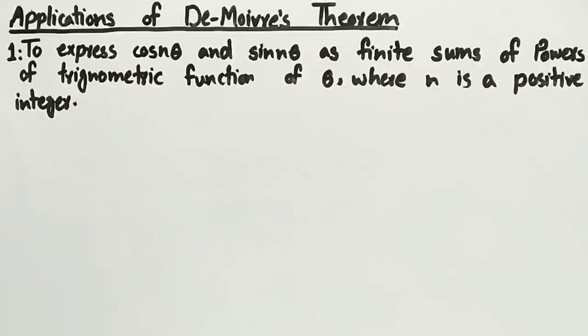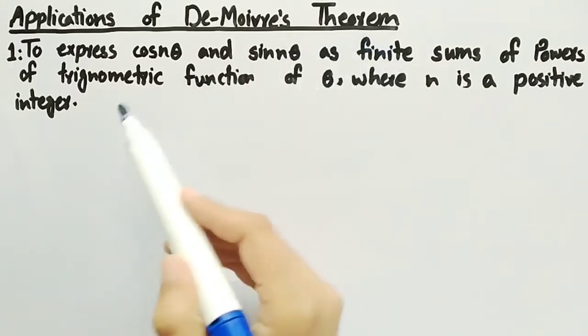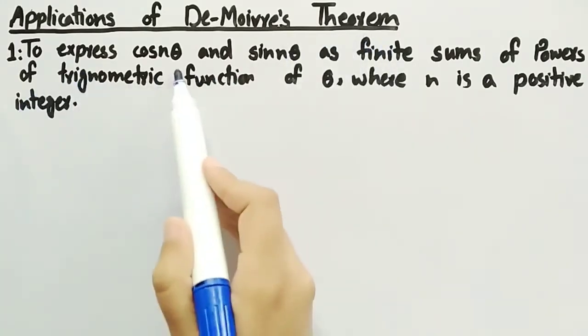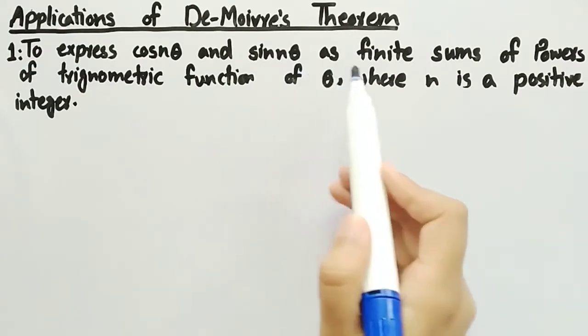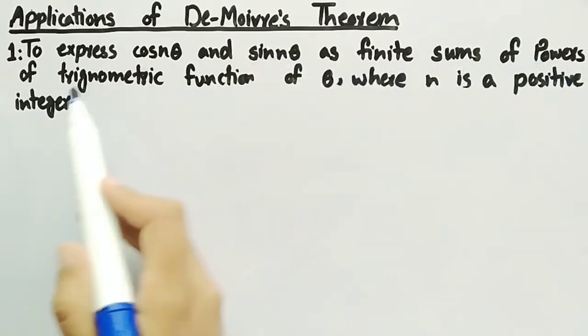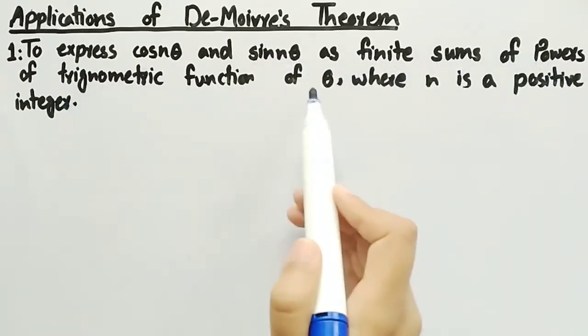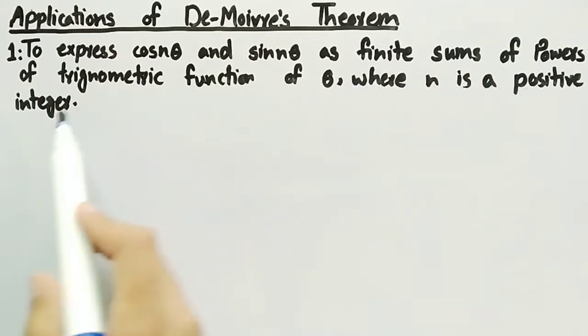In this video, we will discuss the first application of De Moivre's theorem, which is to express cos nθ and sin nθ as finite sums of powers of trigonometric functions of theta, where n is a positive integer.